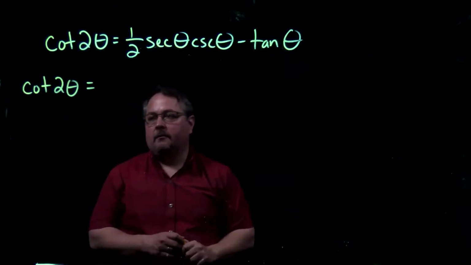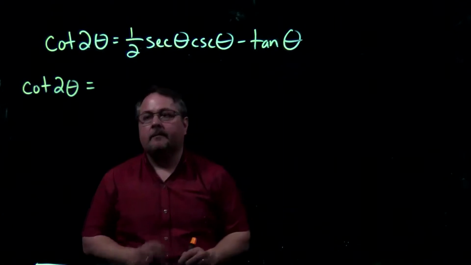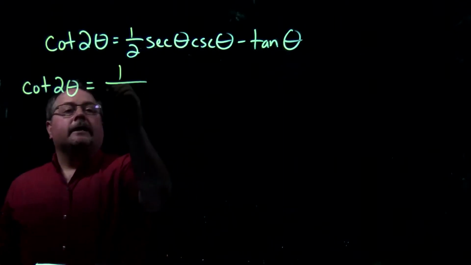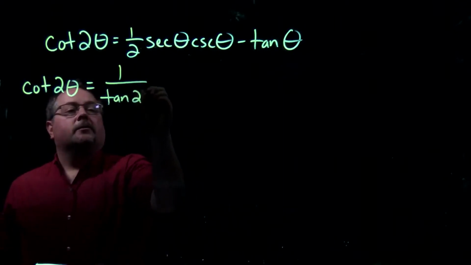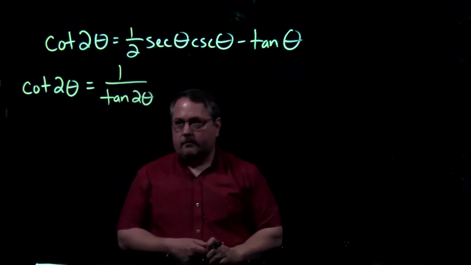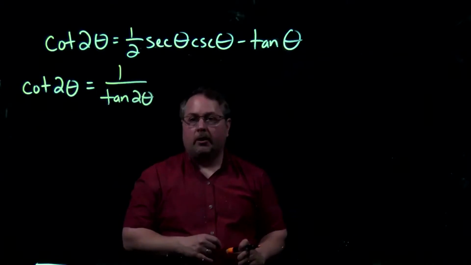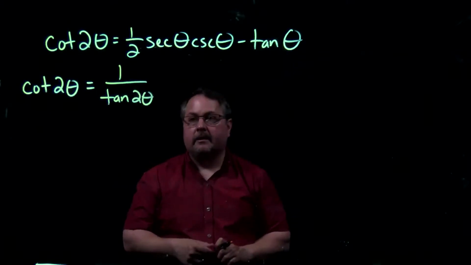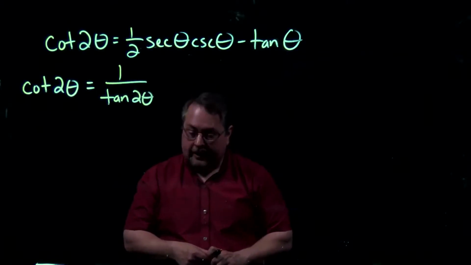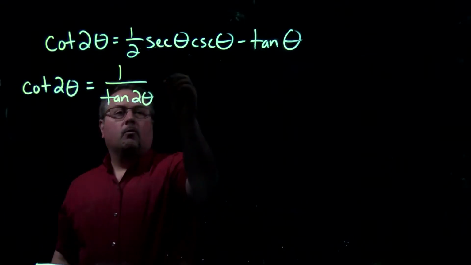Okay, so we don't have a formula for cotangent of 2 theta. But what we do have is a formula for tangent of 2 theta. Okay, so we can start by writing cotangent of 2 theta as 1 over the tangent of 2 theta using a reciprocal identity.